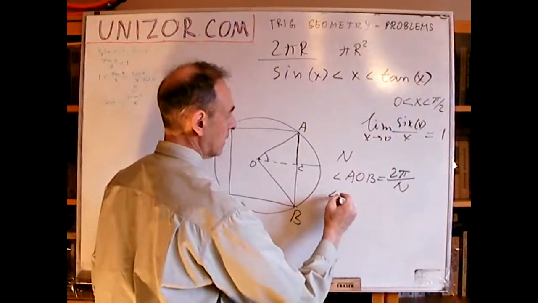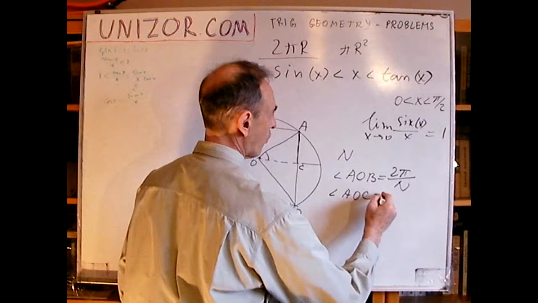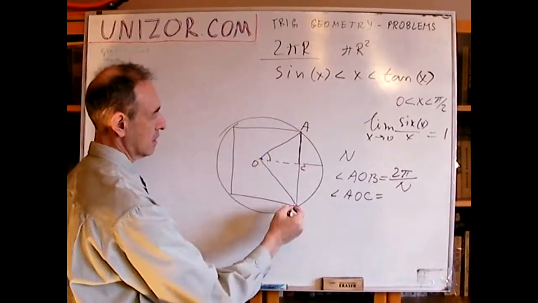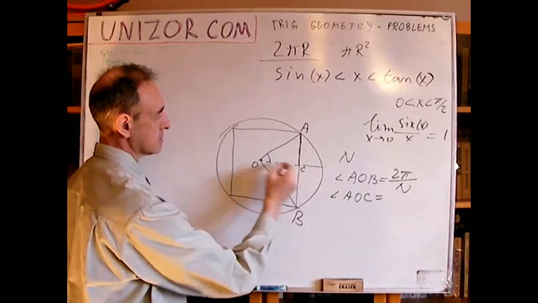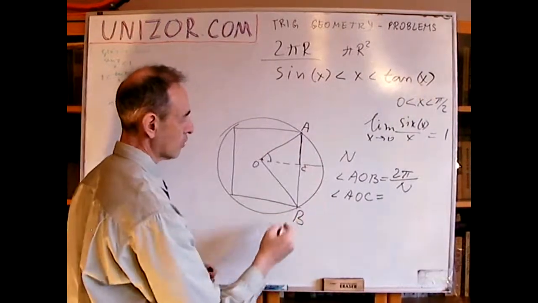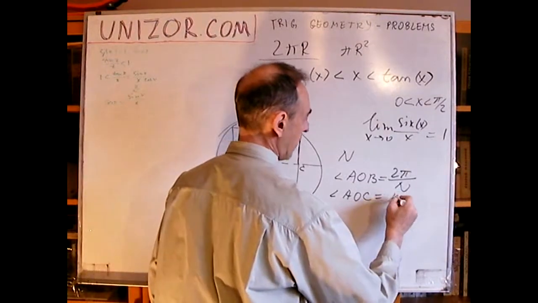Now the angle AOC therefore is equal to half of this, right? Because these are two radiuses. This is the altitude of the triangle AOB. So it's pi over n.